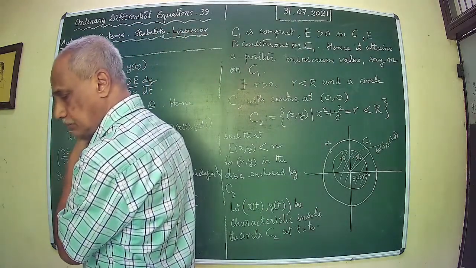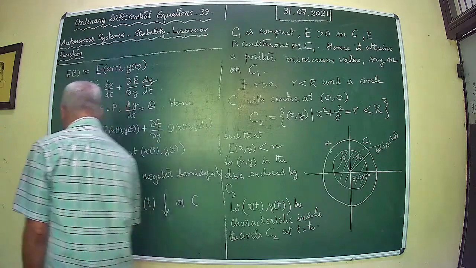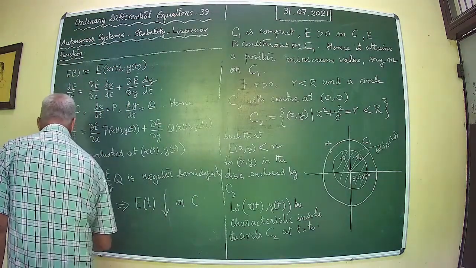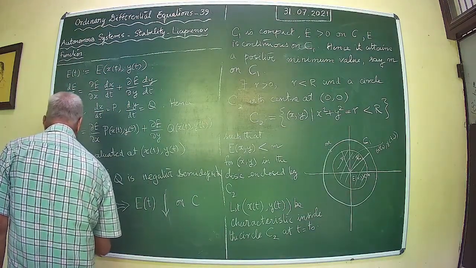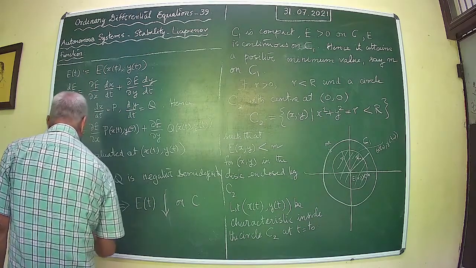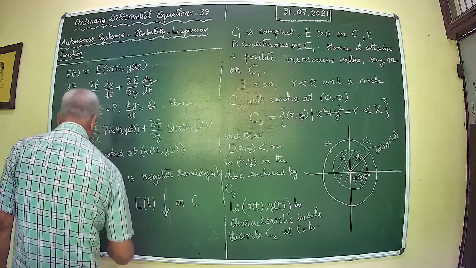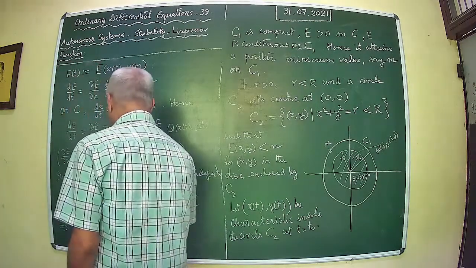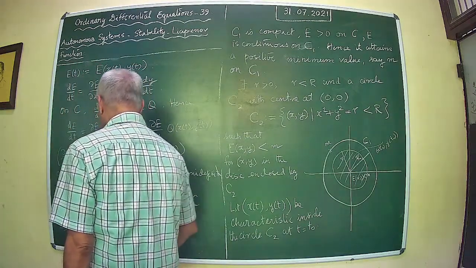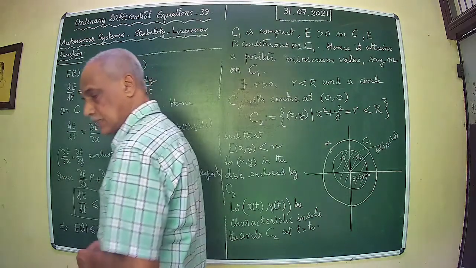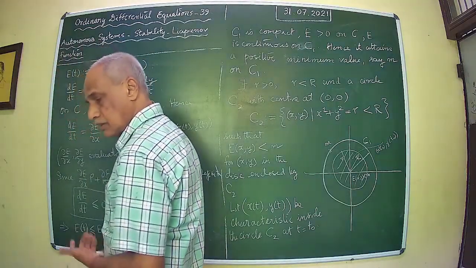You have E(t) is less than or equal to E(t0), which is less than m.